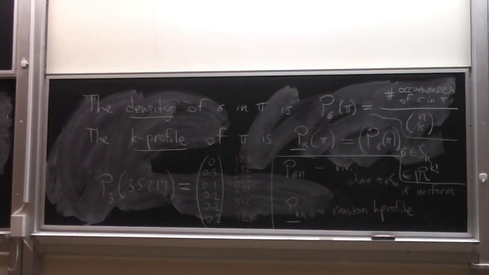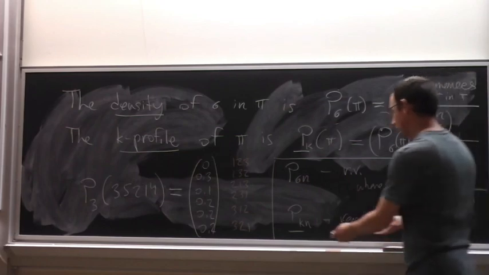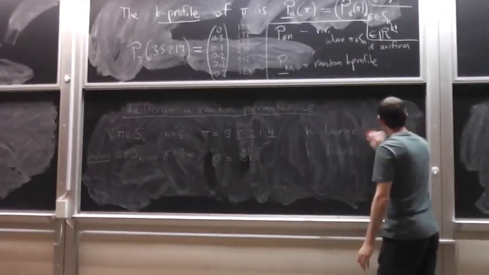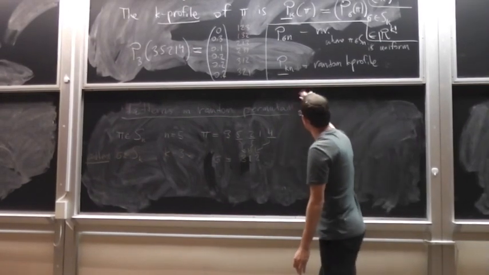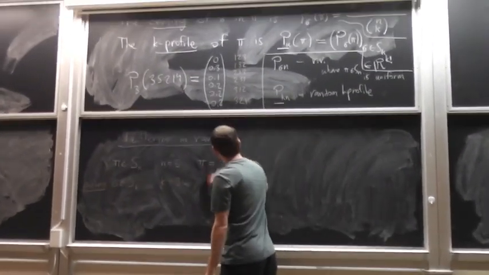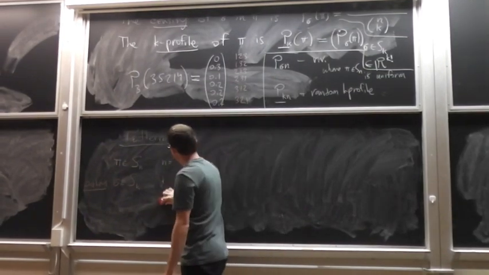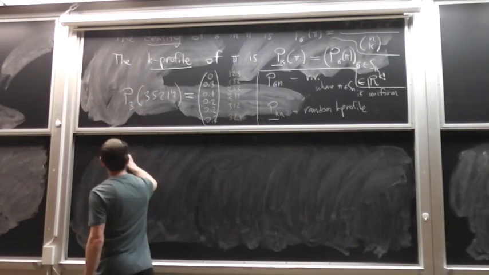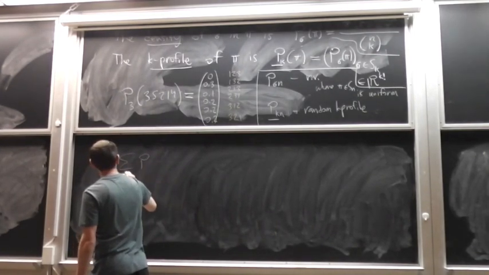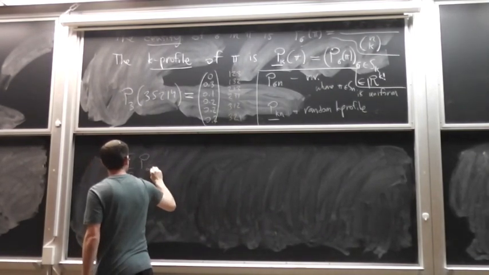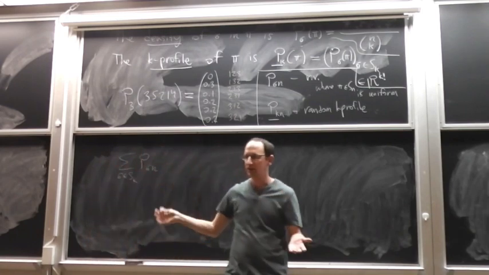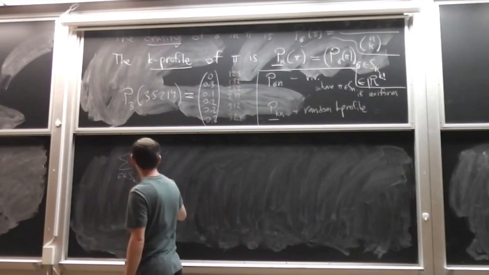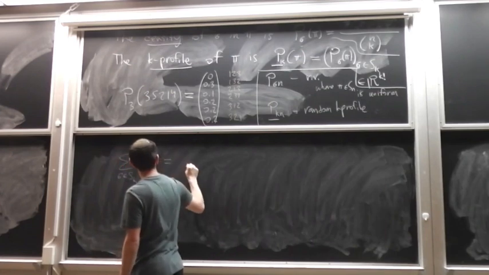So let's start with some observations about this object. What is the sum of all entries in this vector? 1. Yes. So let's write it down. The sum over all sigma in Sk of p sigma n, for every k and every n, deterministically, is equal to 1.